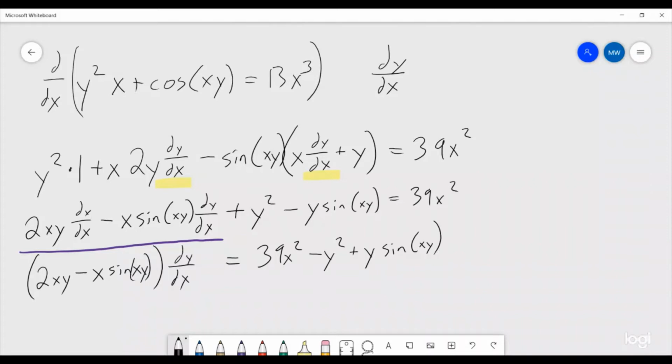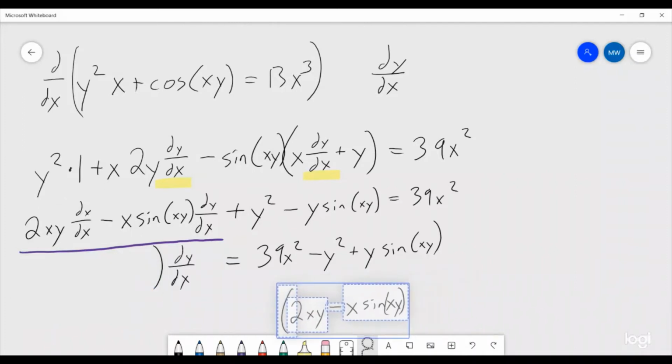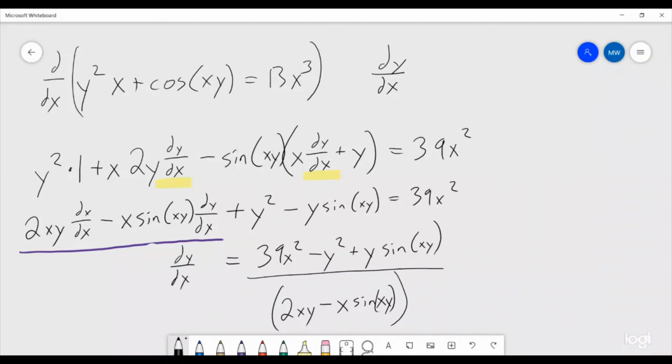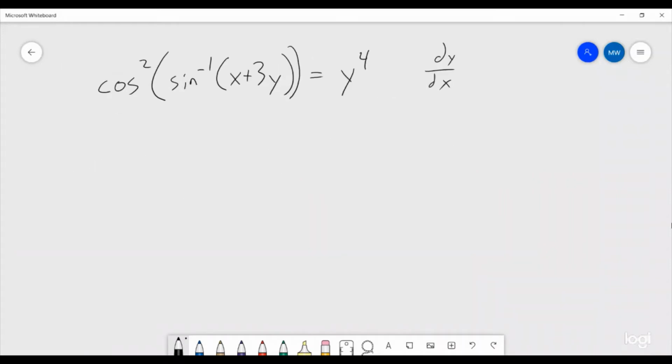If we want to solve for dy dx, we are going to divide by this term. So if we move all of these to the denominator over here, what we are left with is what dy dx is going to be equal to.